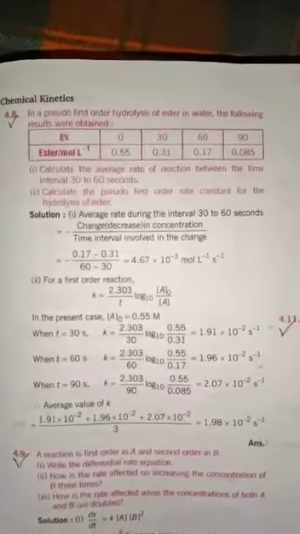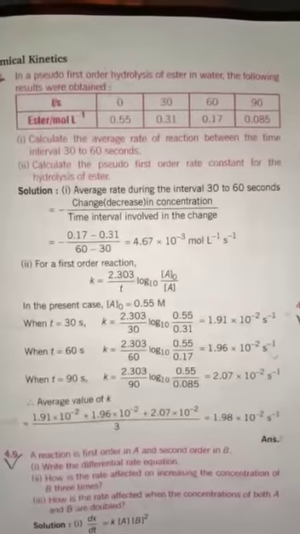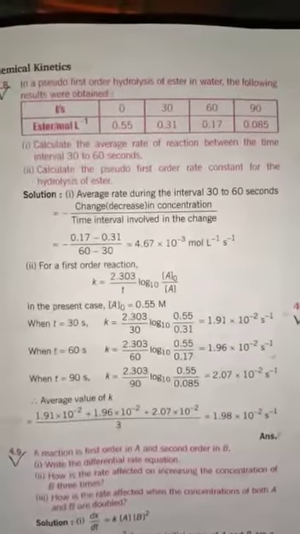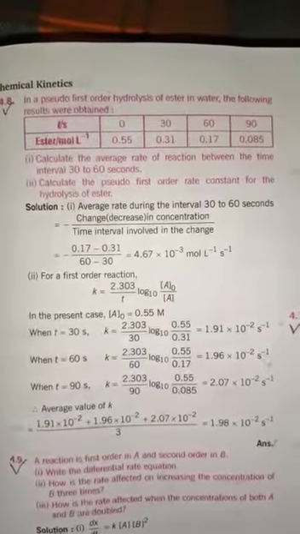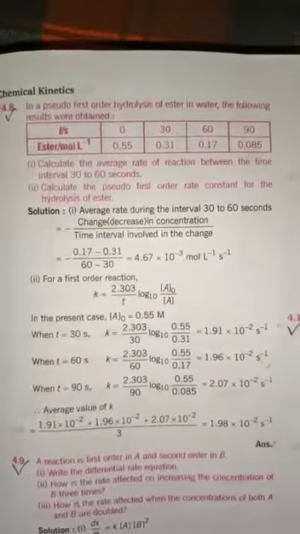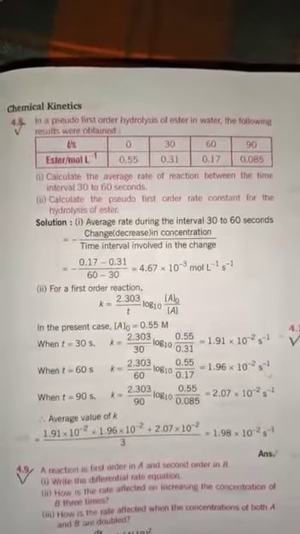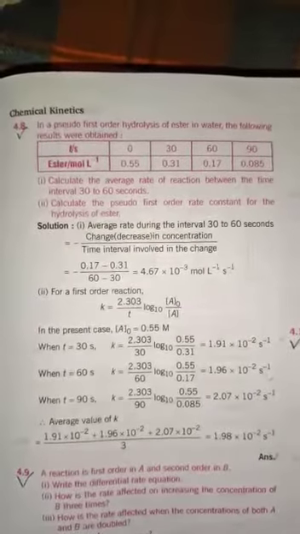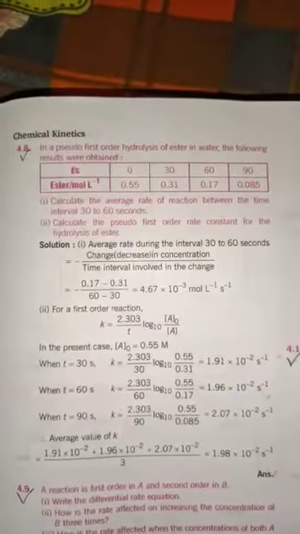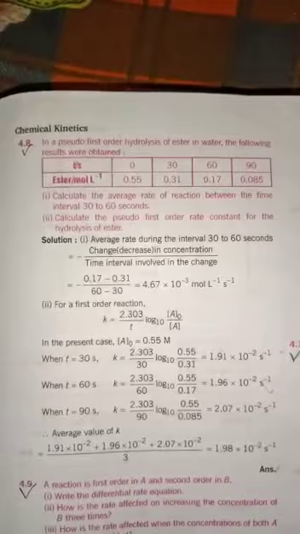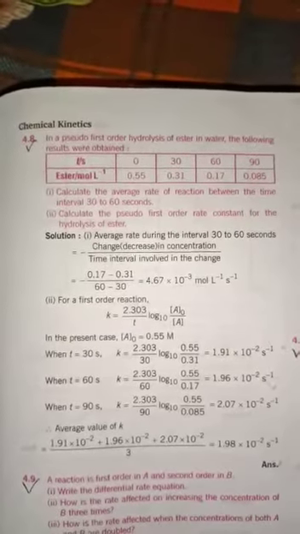See here question number 4.8. In a pseudo first order hydrolysis of ester in water, the following results were obtained. Here four conditions apply. When time is 0, the molar concentration of ester is 0.55.